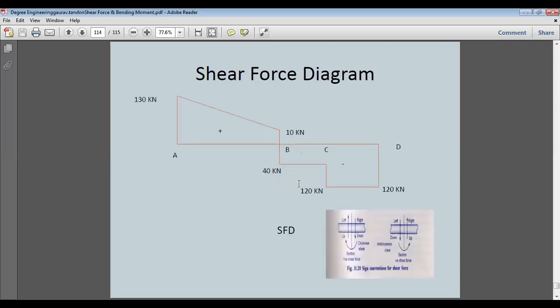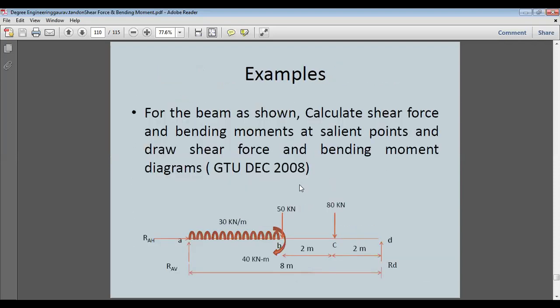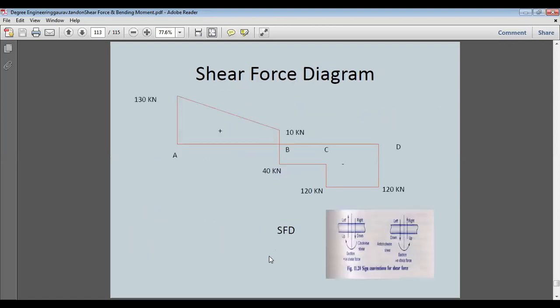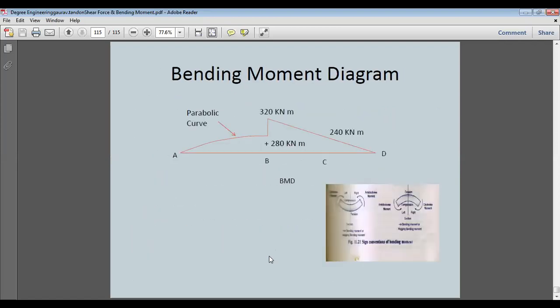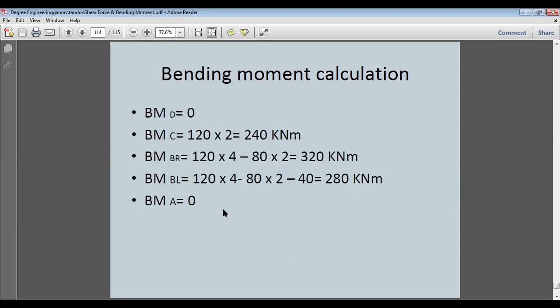Another minus 40 is acting at this point, we can see. So if we add this plus this, this will be 40 kilonewton. So direction of 80 kilonewton, 50 kilonewton and 40 kilonewton will be vertical downwards. So this will be having bending moment as this much. We have calculated 280 and then at 0, 240, 320, 280 and 0.